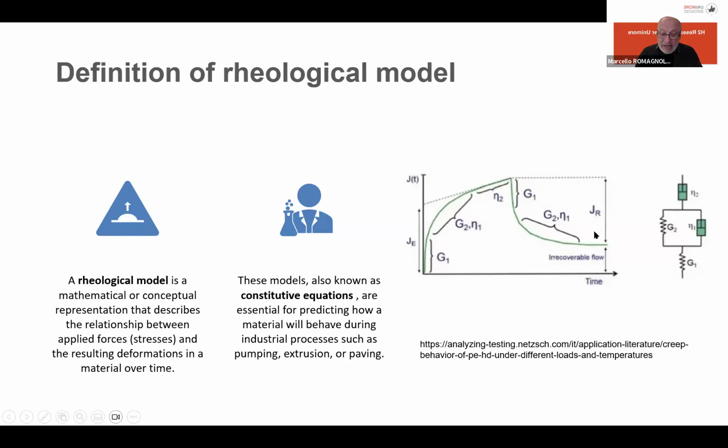These models are essential for predicting how a paste will behave in an extruder, for example, or in a 3D printer layer production in additive manufacturing, which supports the weight of the next one.